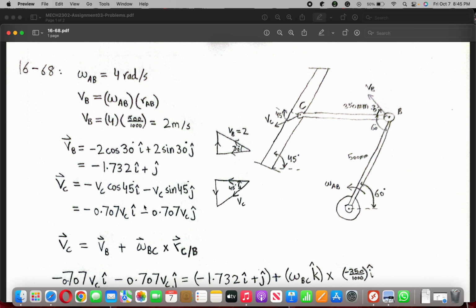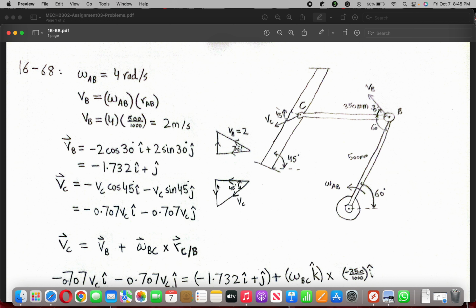To find the velocity at C, VC is still unknown, but we know that it has an angle of 45 degrees with the horizontal, so we use that property to get the velocity of C in its i and j components.